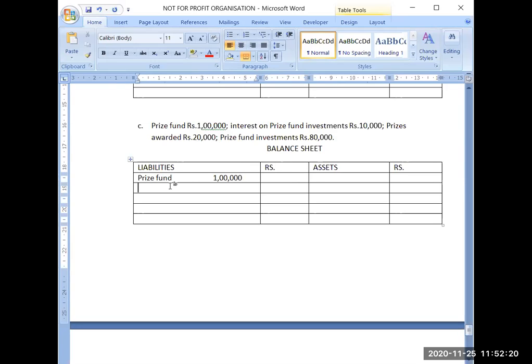Then interest on prize fund investments will be added here. The interest is 10,000.